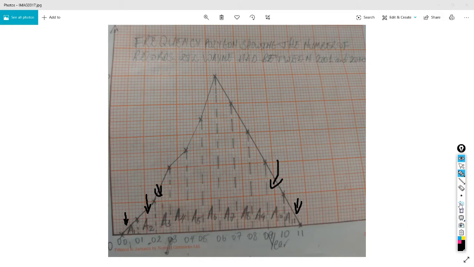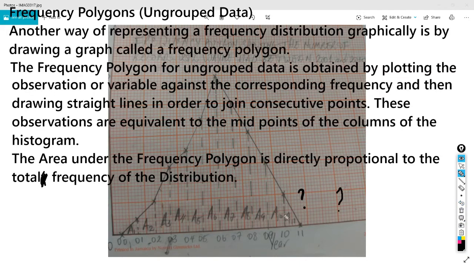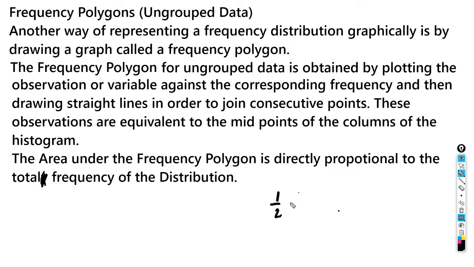And then for the others, we use the area of a trapezium, which is half of (A plus B) times H. To find the area under the frequency polygon, we need the area of each trapezium.